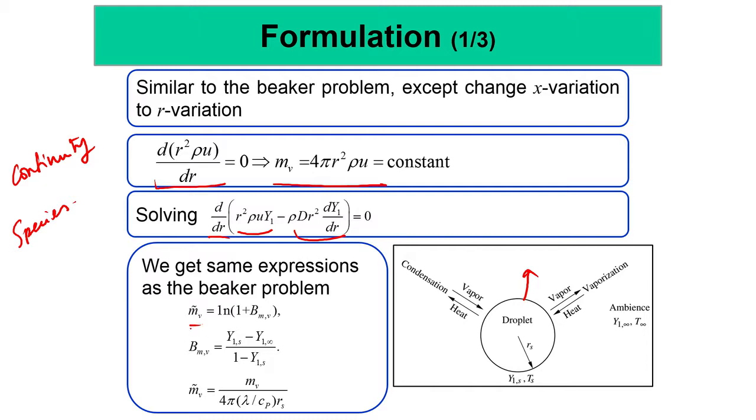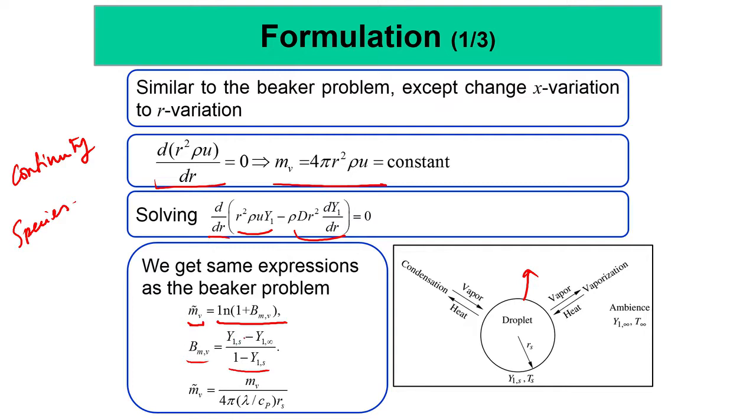But here we have just used a non-dimensional mass, that is m_v tilde, and that is given by ln(1 plus B_mv). Exactly similar form you will get, whereas B_mv is a mass transfer number which is equal to (Y_1s minus Y_1 infinity) by (1 minus Y_1s).